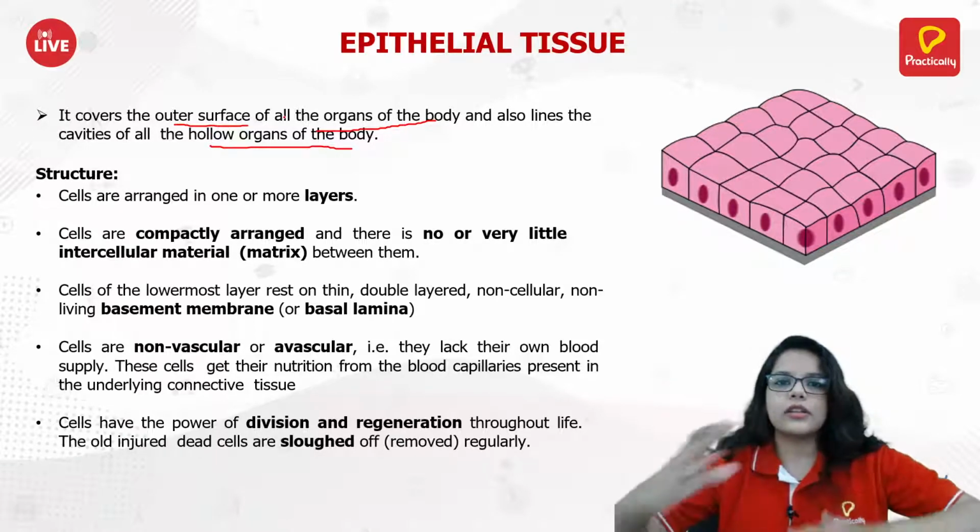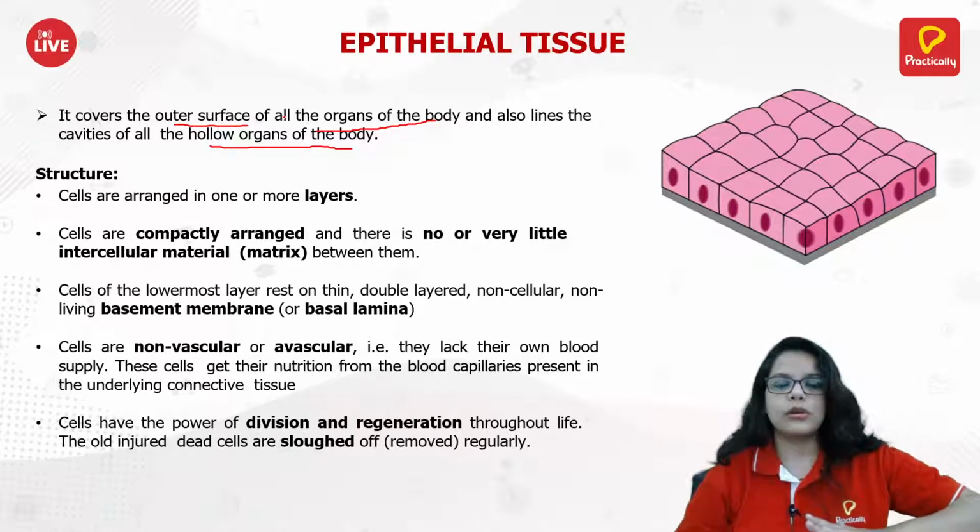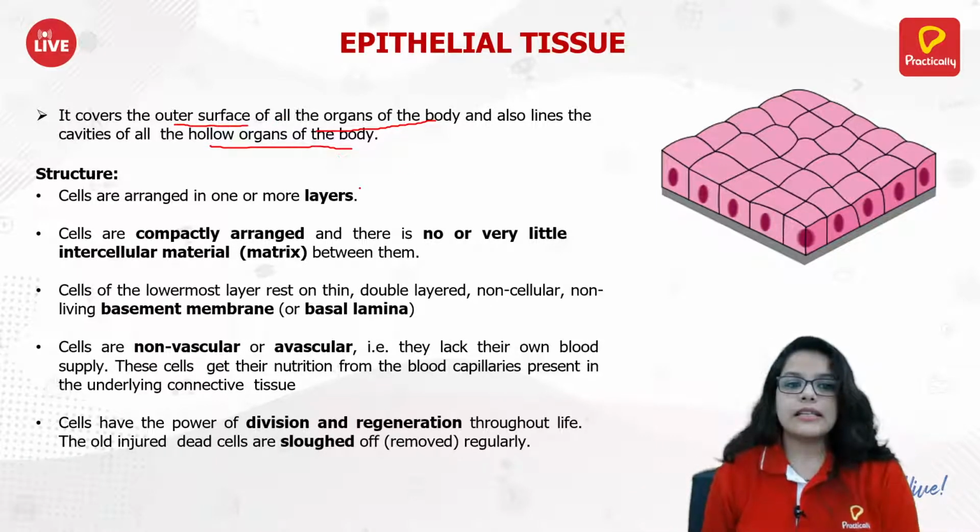So it's basically for the covering mechanism. And cells are arranged in 1 or more layers. It can be 1 layer also. See, this is a 1 layer cell. This is cuboidal in nature. And there can be another layer also to this. So it can be 1 or more layers.